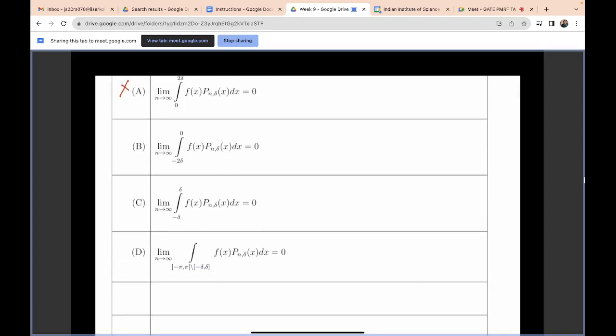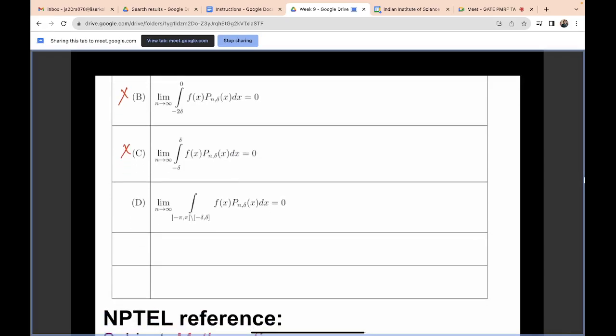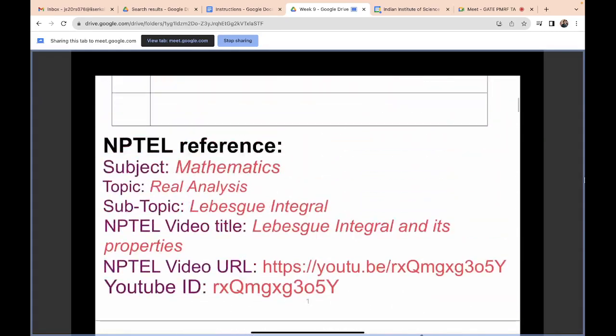Option B is again false, because minus delta to 0 is again infinite. Option C is again false, because minus delta to delta again goes to infinity. And option D is correct, because it is outside the interval minus delta to delta, where p_n,delta goes to 0. So the whole integral goes to 0, just by Fubini or something that we have done. So option D is correct.